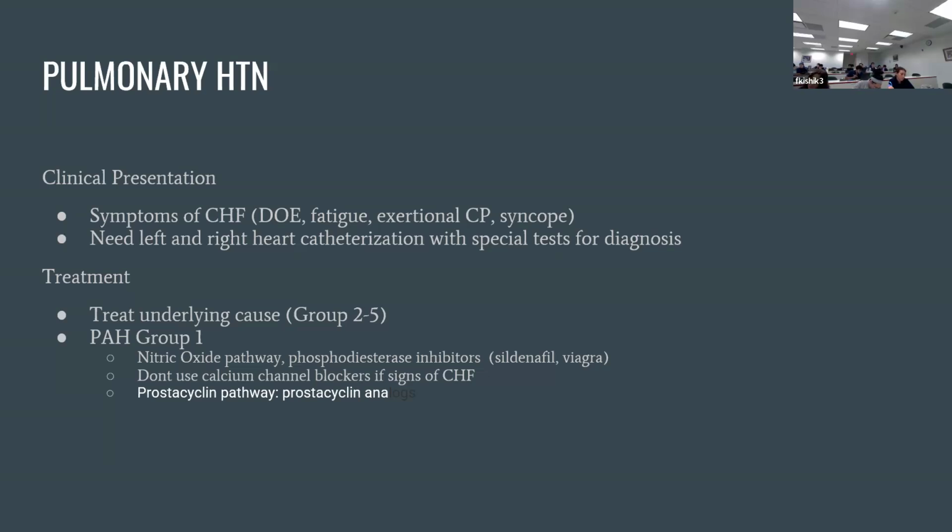So from groups 2 to 5, you're going to treat their underlying cause. If it's from left heart failure, you're going to treat left heart failure. And trick question, how do we treat left heart failure? Diuretics, yes. What else? If the EF is less than 40. Yes. What else?